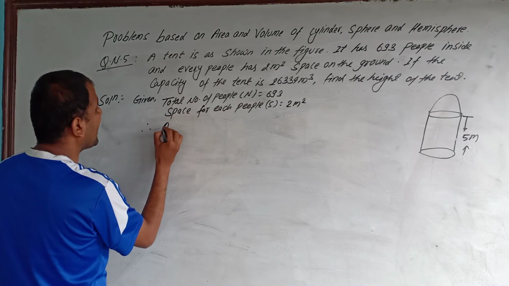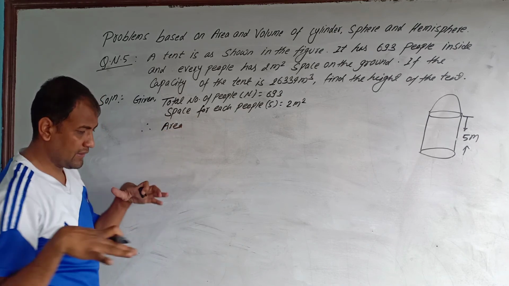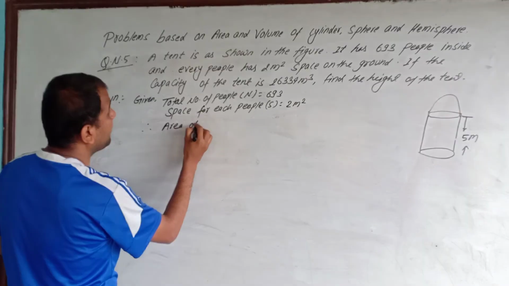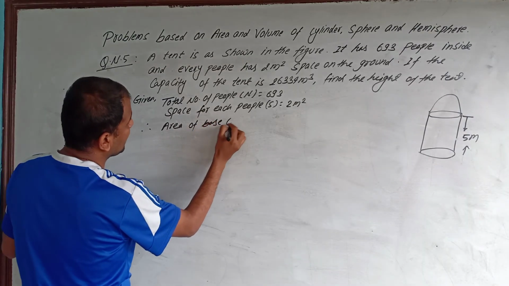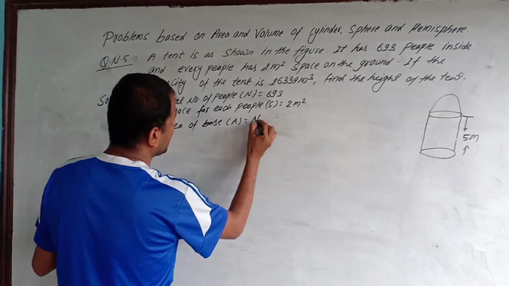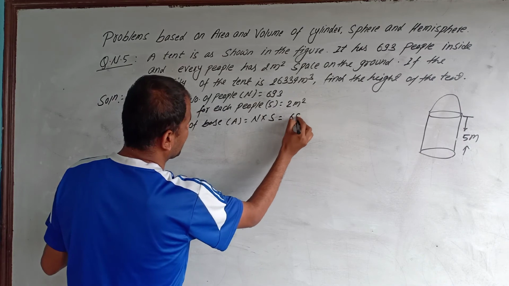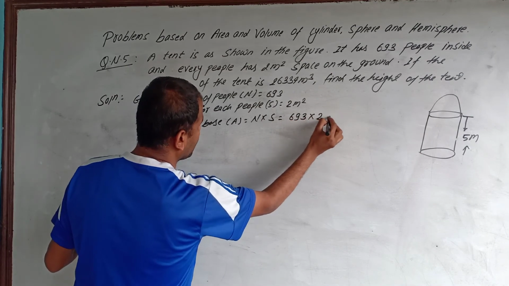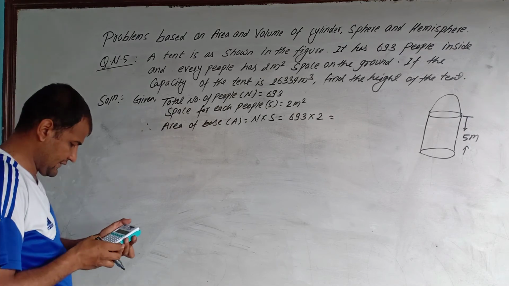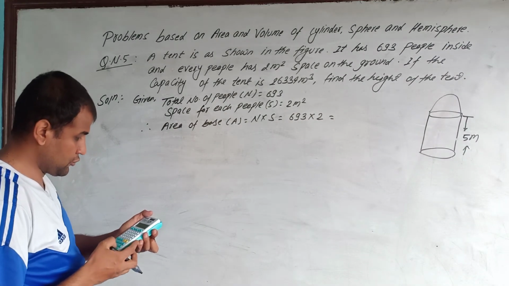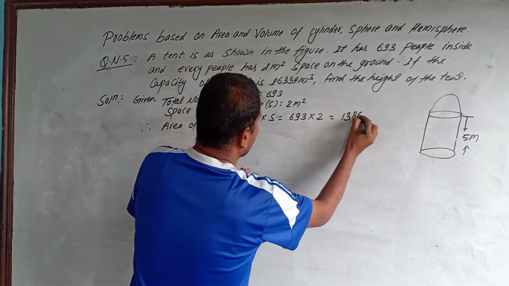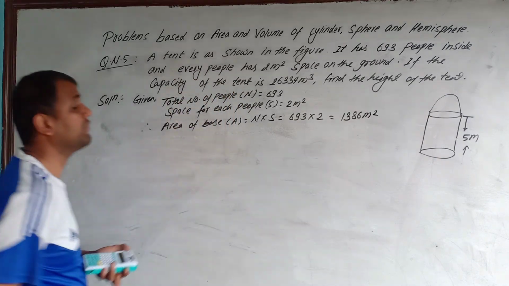Therefore, the area of base, since people should sit in the base of the tent. So area of base A is equal to number of people N into S, that is 693 into 2, which is equal to 1386 meters square. This is the area of the base.